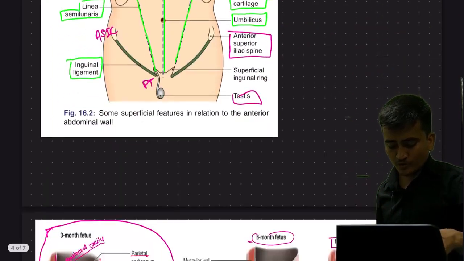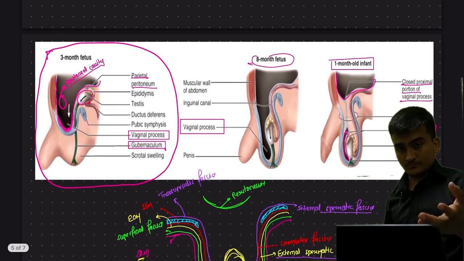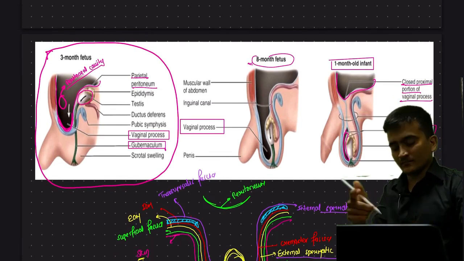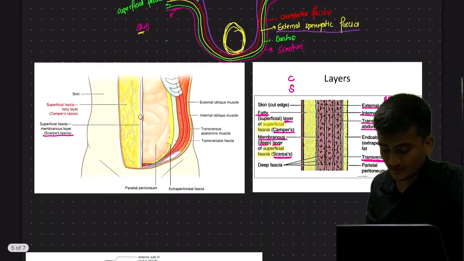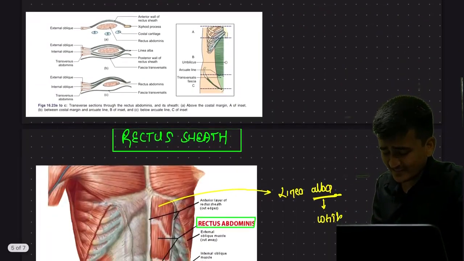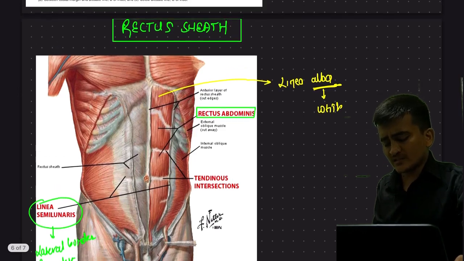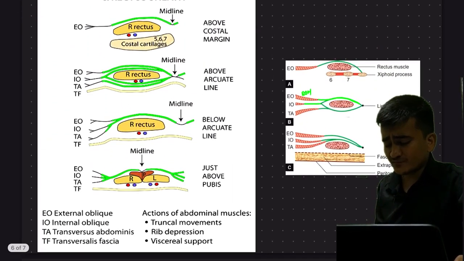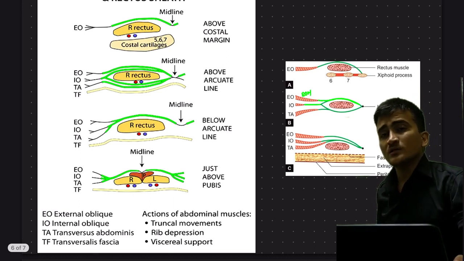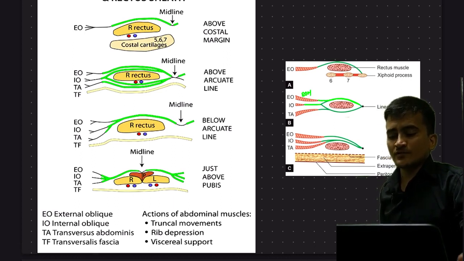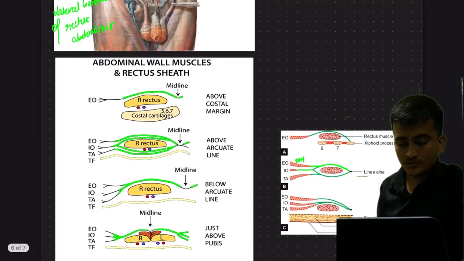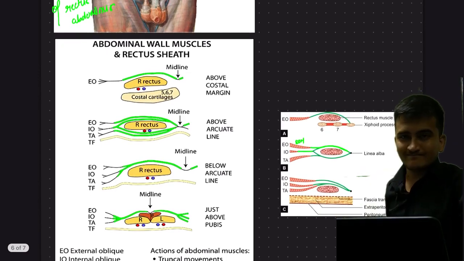We talked about the relation between the anterior abdominal wall and scrotal linings. We talked about different layers. We talked about the rectus sheath and abdominal muscles, right? In the different regions we talked about how the surfaces of the rectus sheath are made. So this was all for this lecture. Thank you and have a great time.